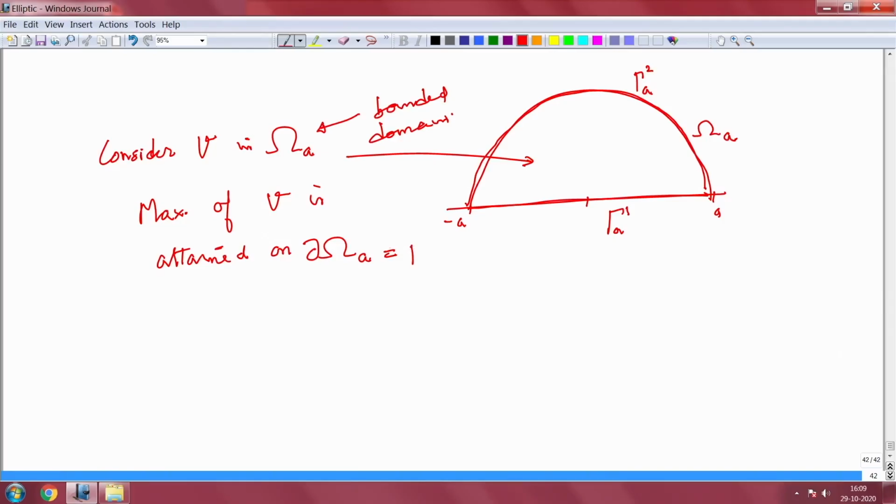So the boundary of omega A consists of gamma 1A union gamma 2A. Okay, so the maximum is attained there.